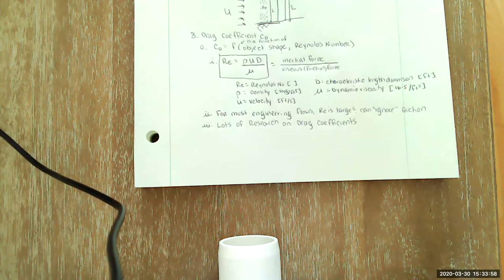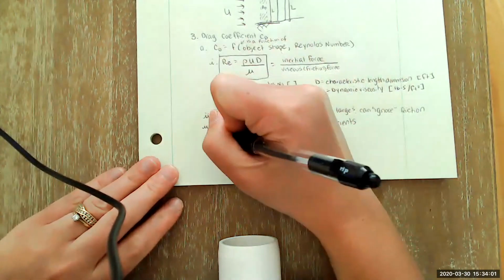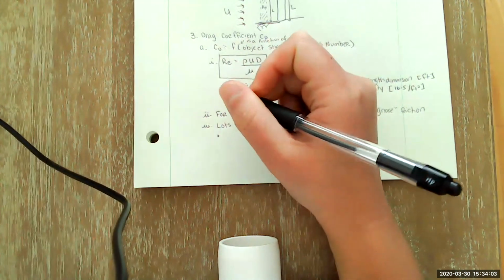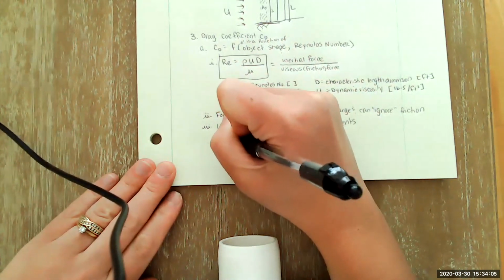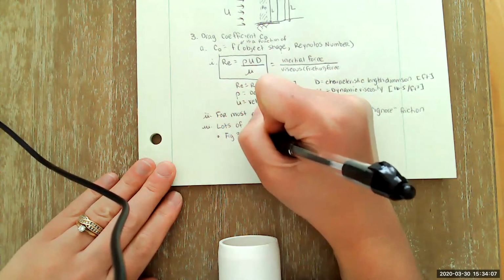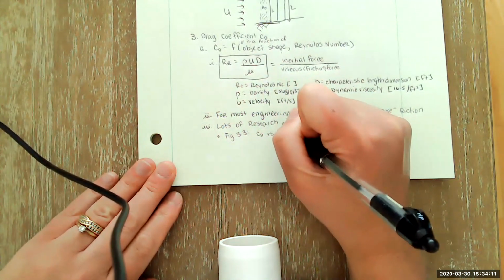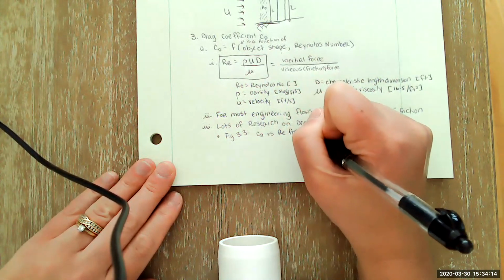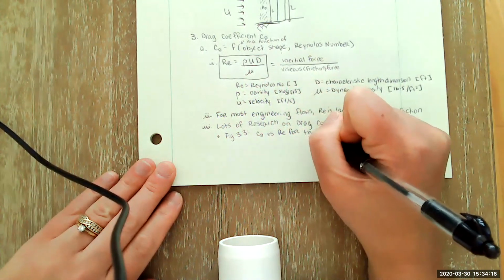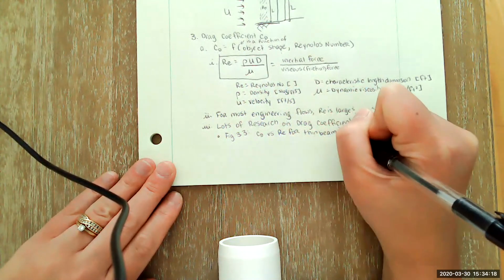And we'll just get for the notes, we'll say figure 3.3, which plots C sub d versus the Reynolds number for a thin beam and circular cylinder.